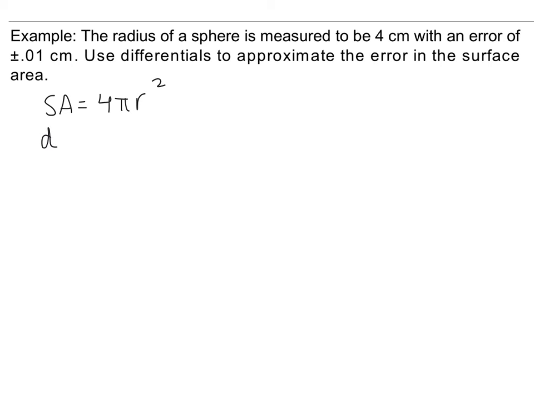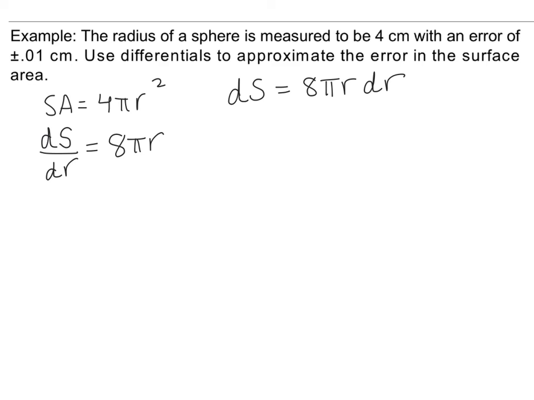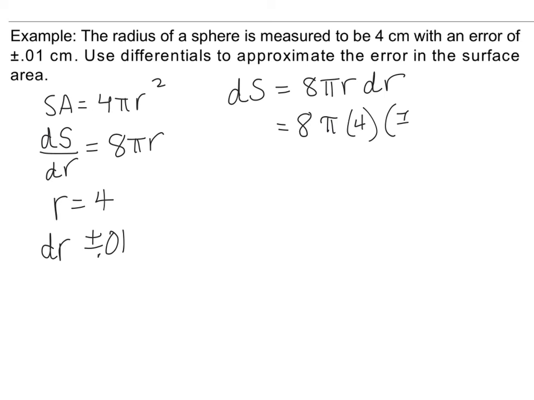So dS is going to equal 8 pi r dr. r is 4, dr is plus or minus 0.01. If we put that in, that's going to equal plus or minus 1.0053, and that would be the error.